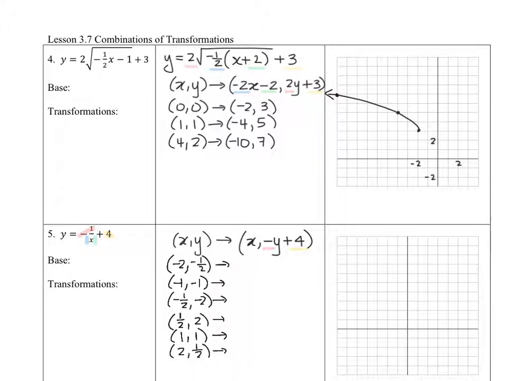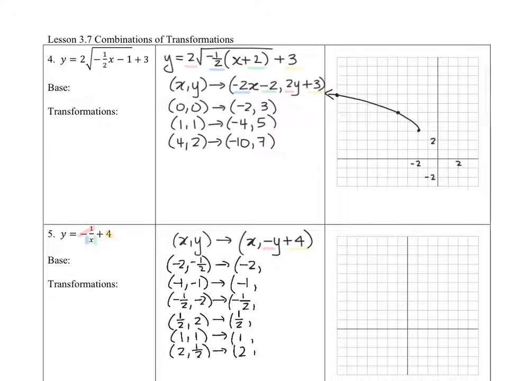Okay. So all of the x coordinates will stay where they are, so we just have to copy those down. Okay. And then for our y coordinates, we're going to switch the sign and then add 4. So that's going to cause our reflection in the x-axis and our translation 4 units up.